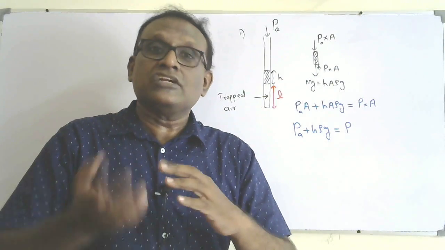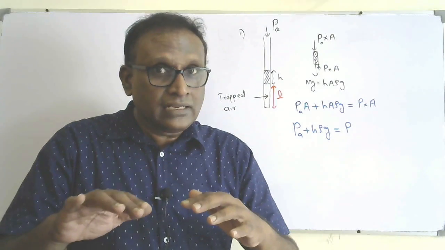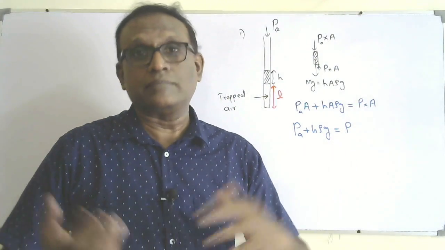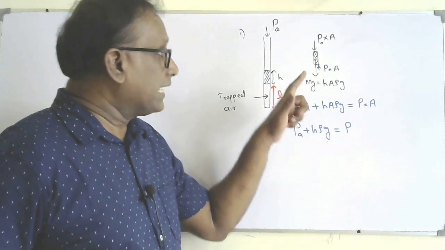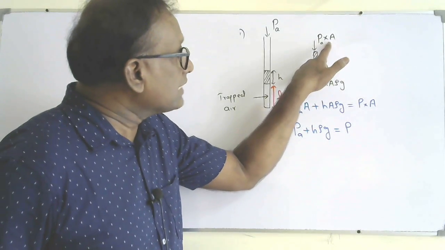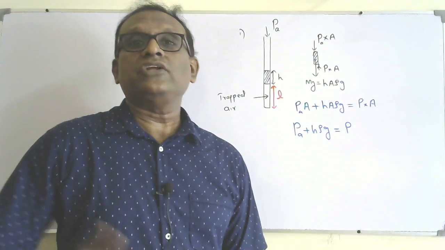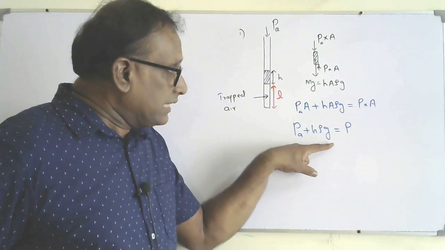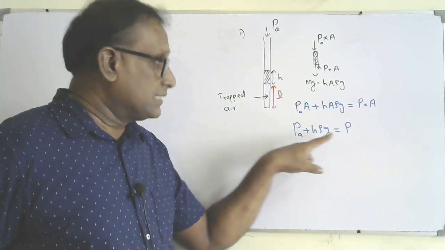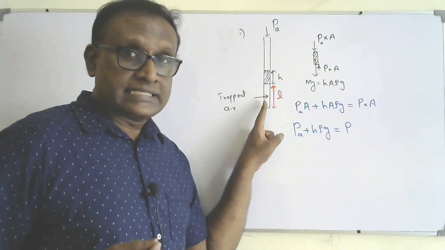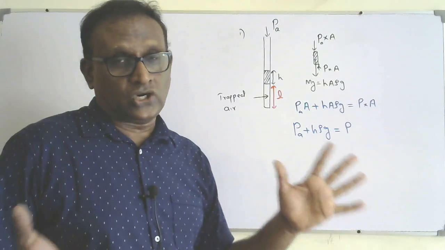So again the force will become the same as the initial force, and the pressure will become the same as the initial pressure, such that the resultant of the atmospheric force and weight is again balanced by the force from the trapped air. So even when you increase the temperature, the left hand side will remain constant. Therefore, the right hand side, the pressure of the trapped air inside the capillary tube, will remain constant.